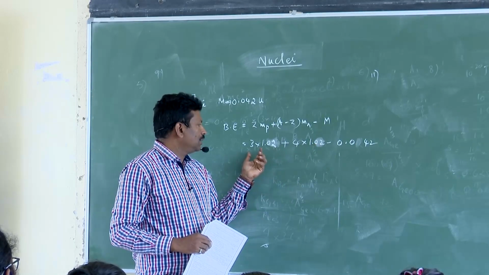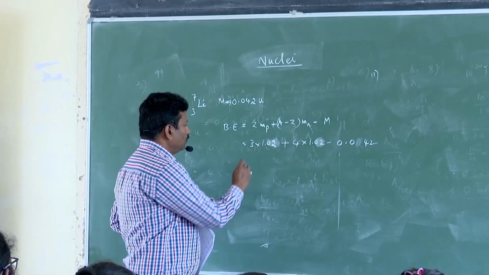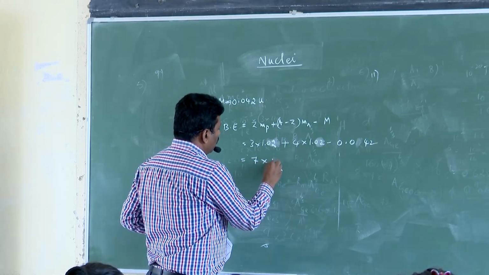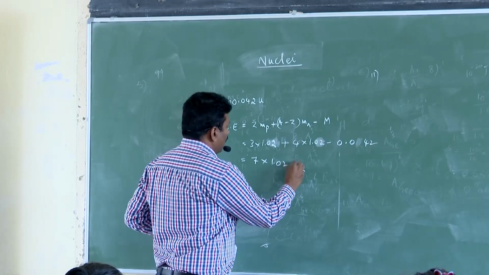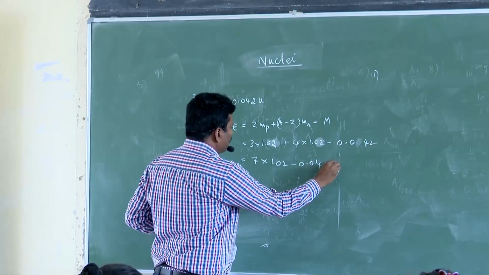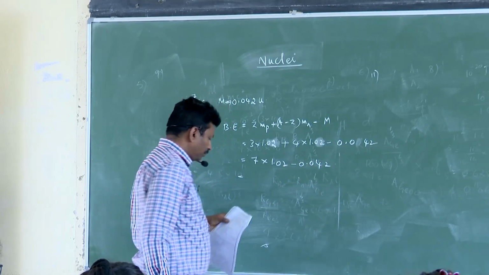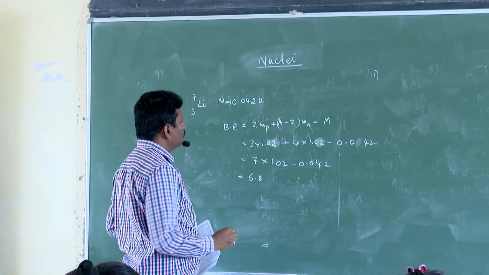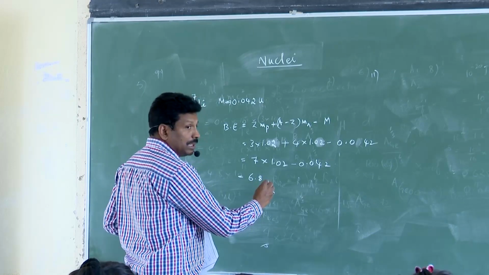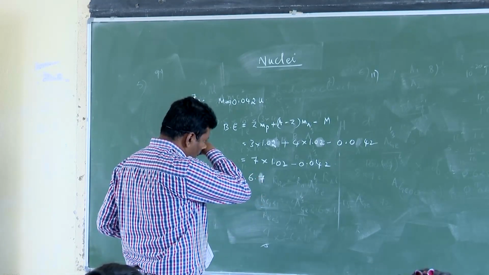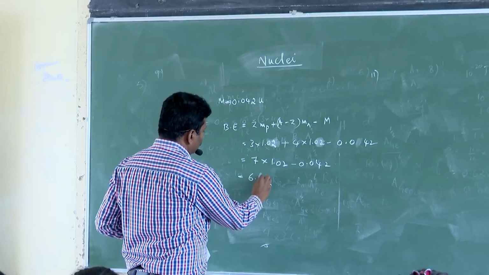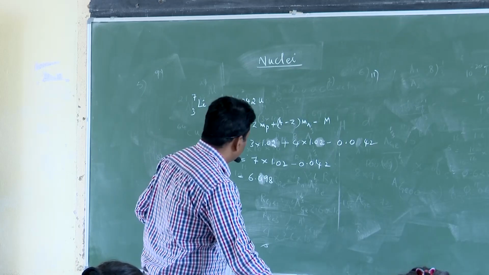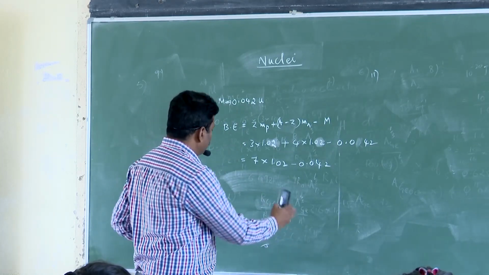You can take it as roughly 7 into 1.02 minus 0.042. Subtract it. How much do you get?